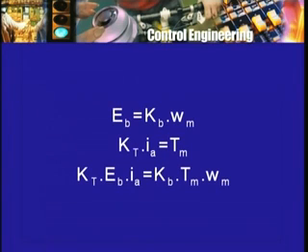Because Kt Eb Ia equals Kb Tm omega m is true, if Kt is equal to Kb, we can cancel that factor, and therefore we get Eb Ia equal to Tm omega m. That is the electric power.